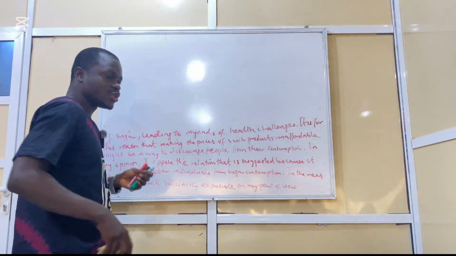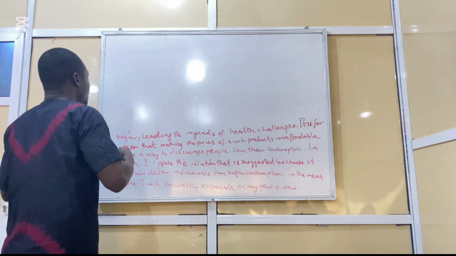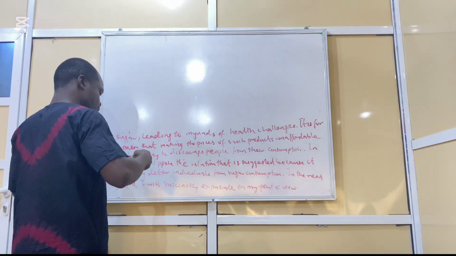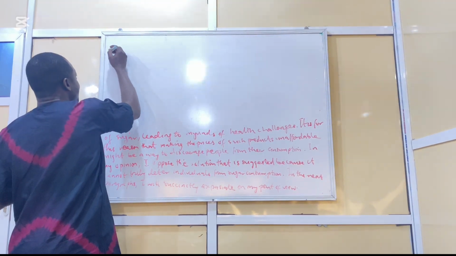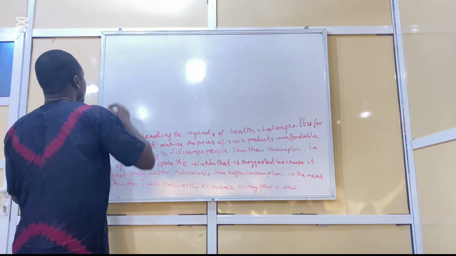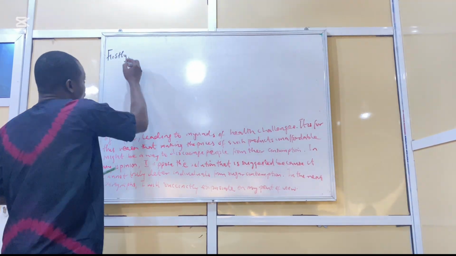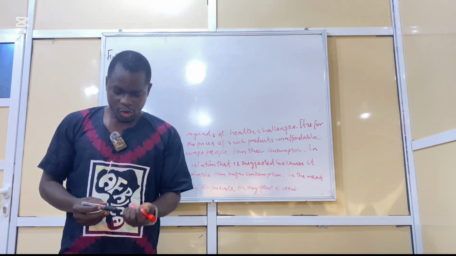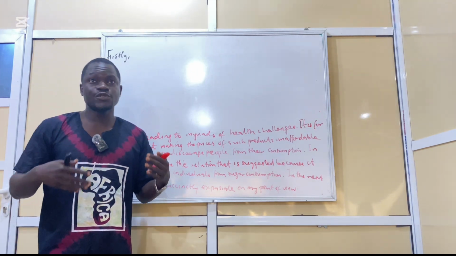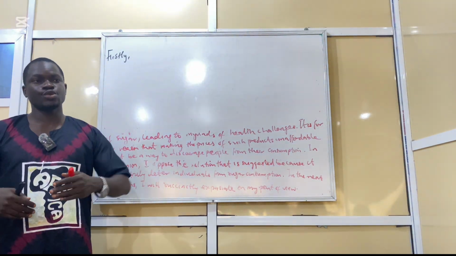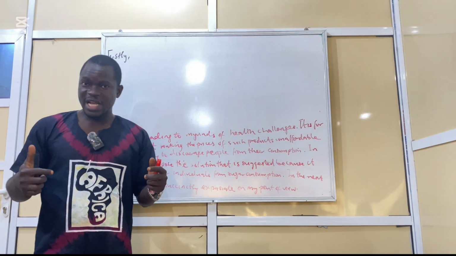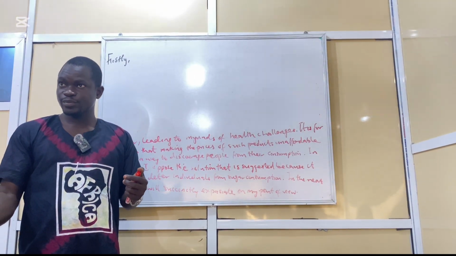So the next thing is to go to our body 1. So body 1 now. I will say firstly, this is dry. Let me use this. Firstly, comma. I will say to start with, because I want to give 2 points. Point 1, point 2. To start with. What's the first point?